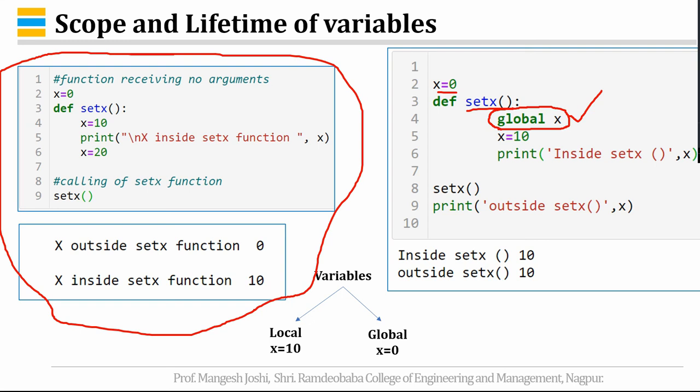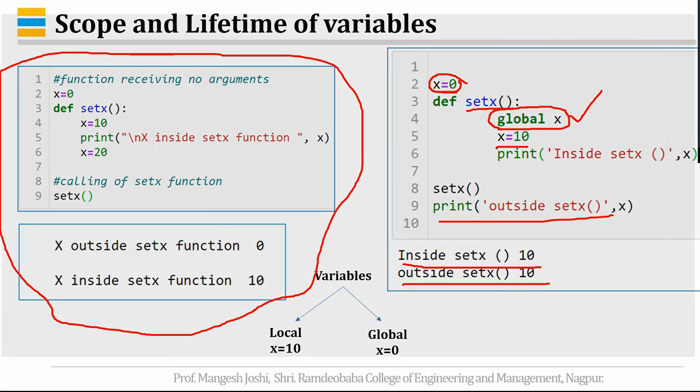So you will notice that in the output, inside set x it is 10 and outside set x it is also 10. It means x equals 0 is replaced with this statement. So this is the use of global variables. In such a way you can have global variables.